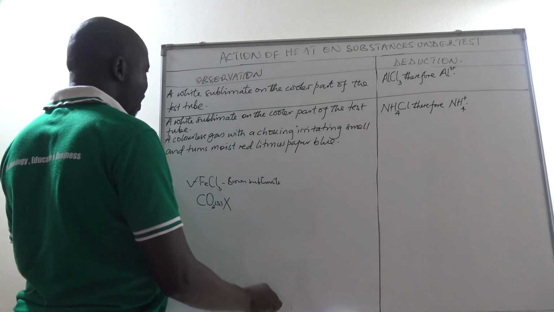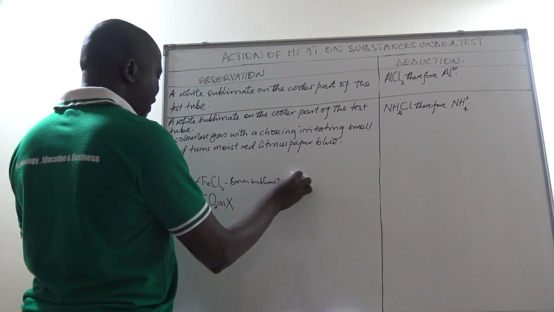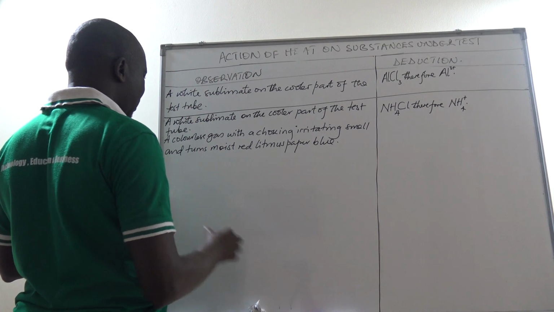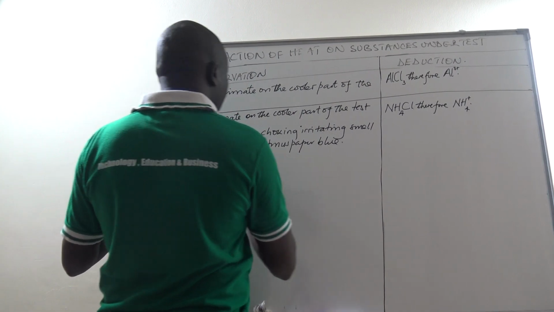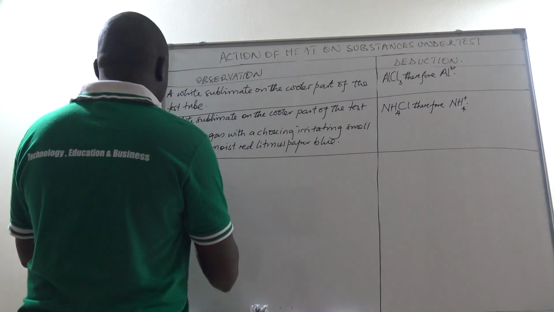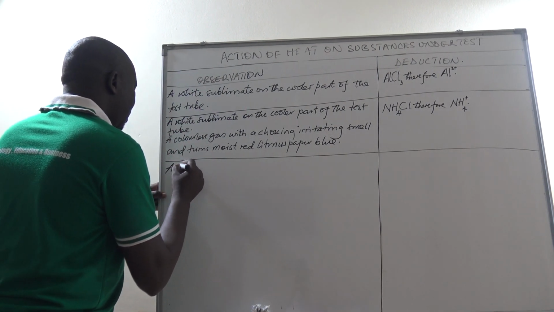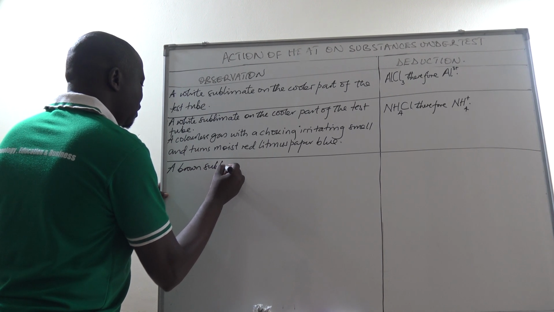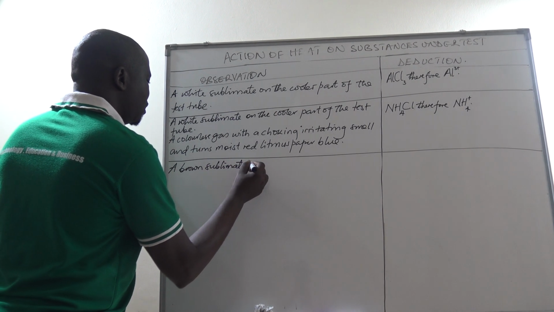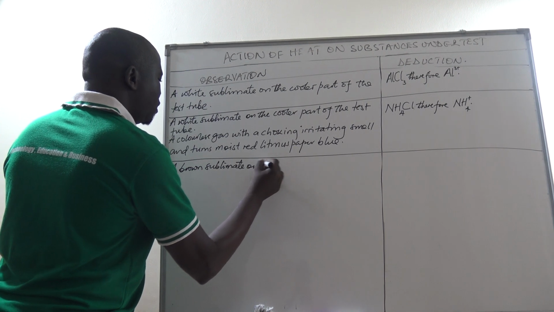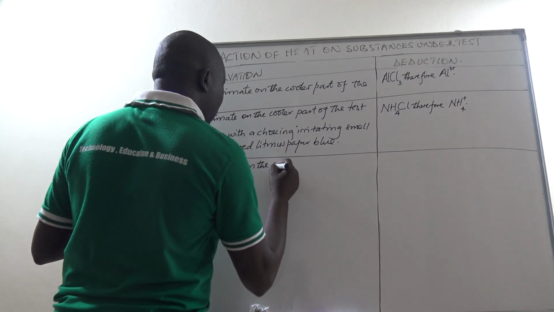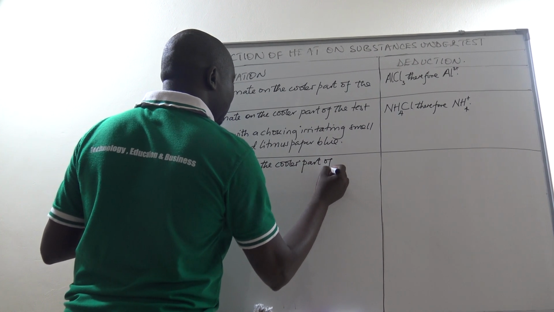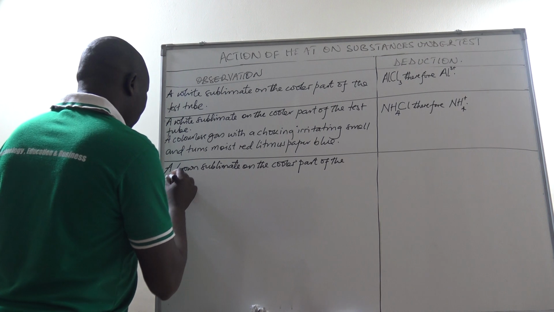And then we also look at iron 3 chloride, which is formed as a brown sublimate. This is also a possibility. We say a brown sublimate on the cooler part of that test tube.